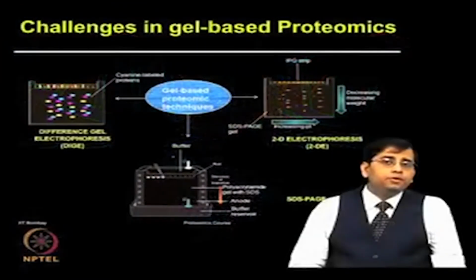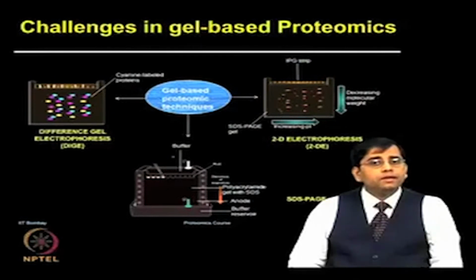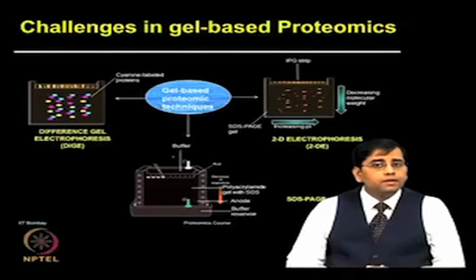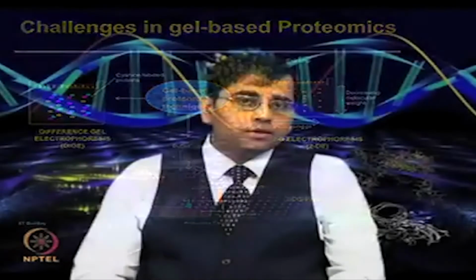The poor reproducibility of classical 2DE, owing to the extensive gel to gel variations, has been partially resolved by the introduction of advanced two-dimensional difference gel electrophoresis. In recent years, the detection approaches for gel-based proteomic techniques have also improved tremendously to capture low abundance protein biomarkers in different biological fluids.